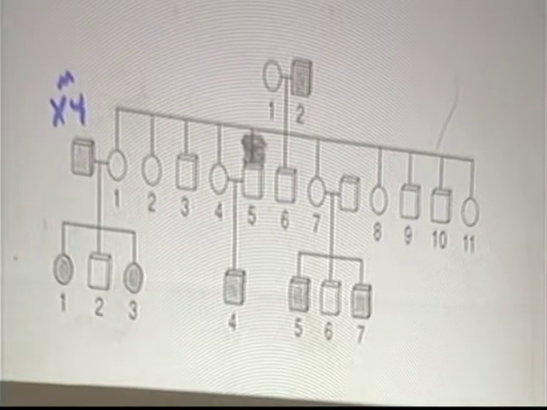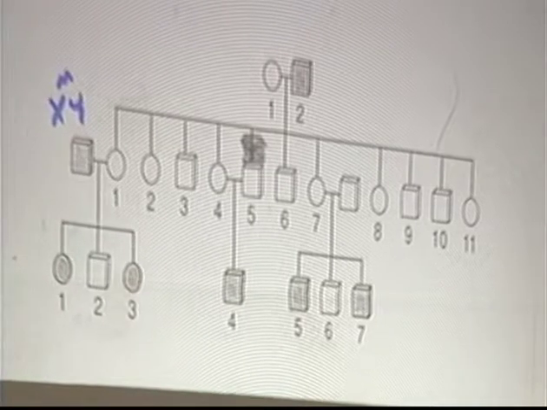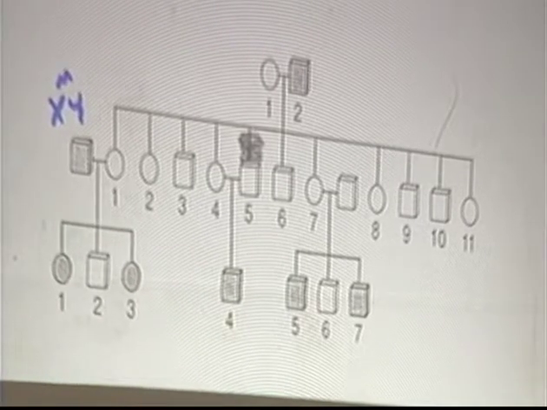Dominant or recessive? Wrong. No, it's recessive. Yeah, it is.